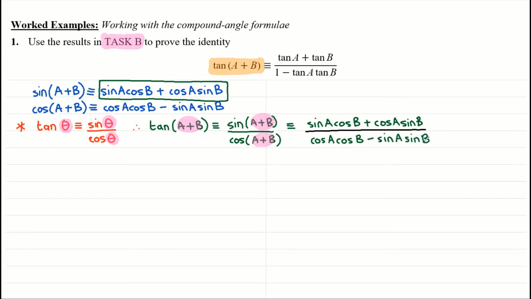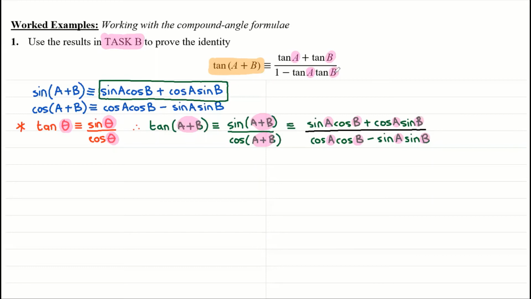So we've made some progress, haven't we? It doesn't look like it yet, but we're on the way, because we've now eliminated the a plus b using our new identities, and we've now got a's and b's everywhere here, in the same way that on the right hand side of our identity we have a's and b's.